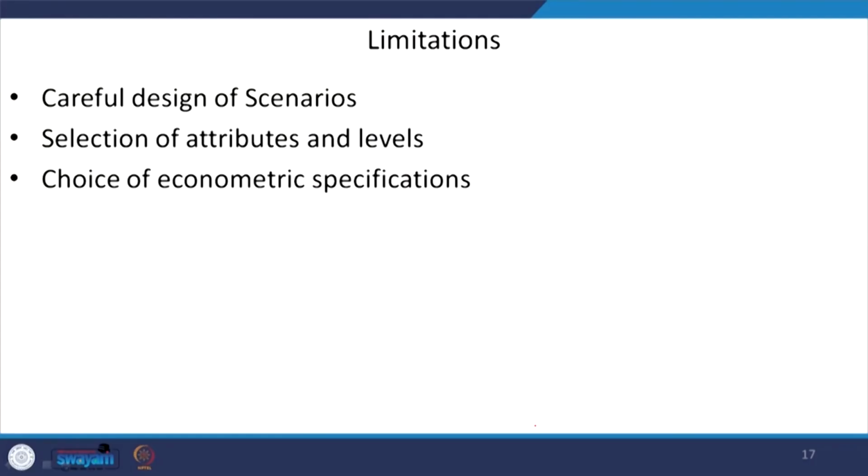The first thing is that we need to be very careful in designing the scenarios, because we need to identify each of the attributes, and we need to even identify the levels of these attributes. So, we need to be very careful, and sometimes we get biased, or because of misinformation or lack of information, we may avoid some of these attributes.